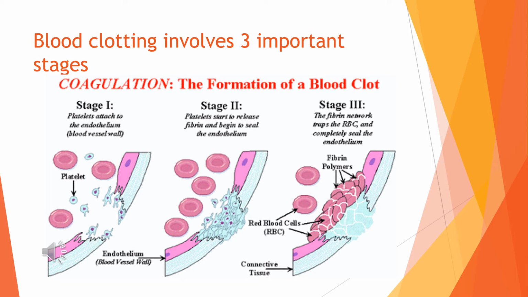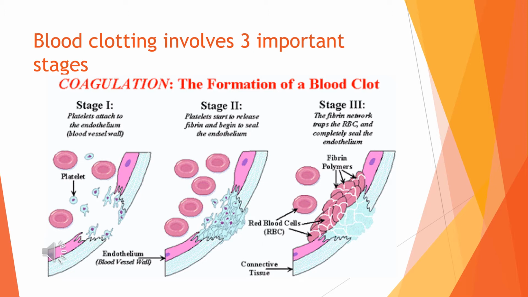Next stage is platelets start to release fibrin and begin to seal the endothelium. Endothelium is the blood vessel wall. This will form and release fibrin. Fibrin is protein.